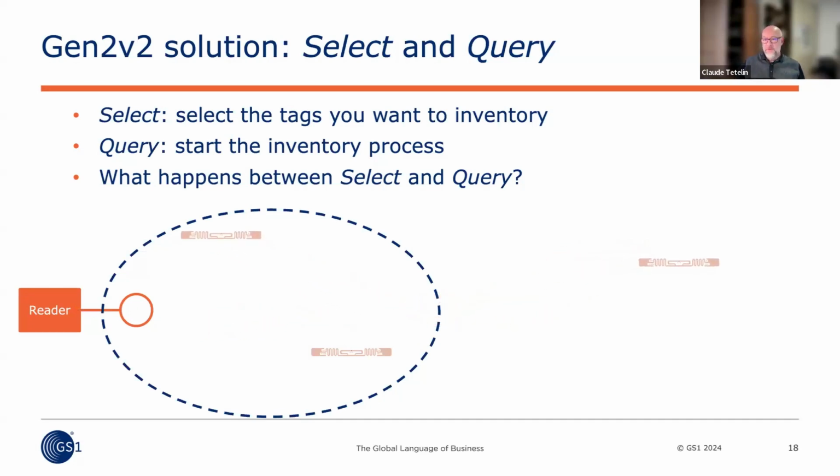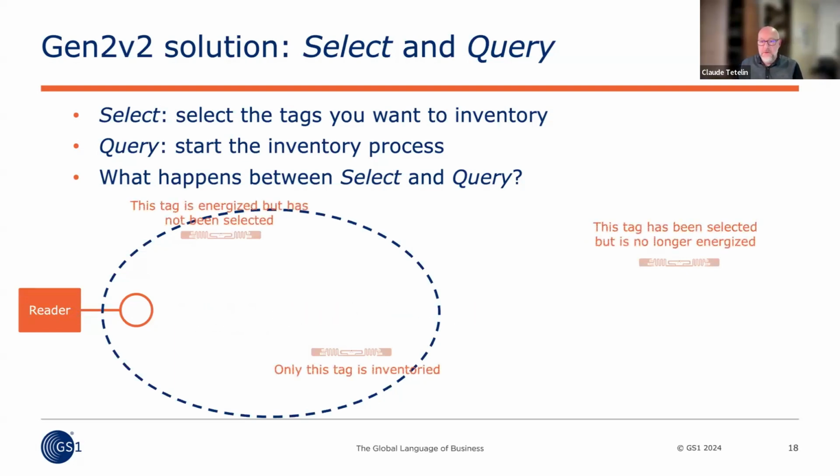Tags are moving in front of the readers. You can have selected tags that will exit the read zone before you start the inventory with the query command, and other tags will enter this read zone. Furthermore, if you have complex tag selection criteria, the reader needs to send more than one select command, and this will increase the risk of missing tags of interest.